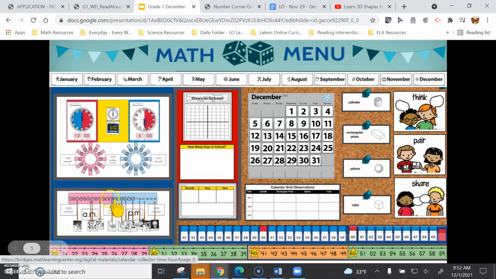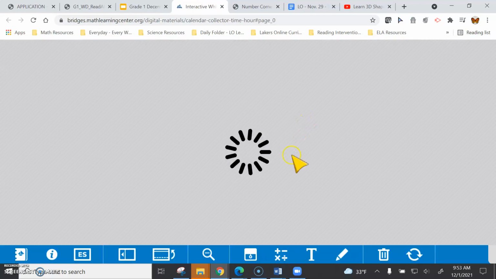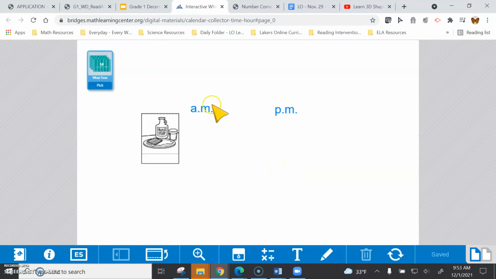Then we get into our afternoon hours, which is really, if we kept counting, you wouldn't say 13 o'clock. It would really be 1 o'clock in the afternoon, 2 o'clock in the afternoon, and so on. Let's find out what we will be doing with the card, because we talked about our AM and PM.